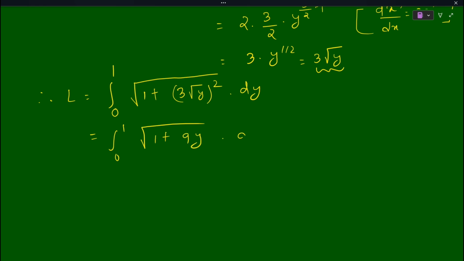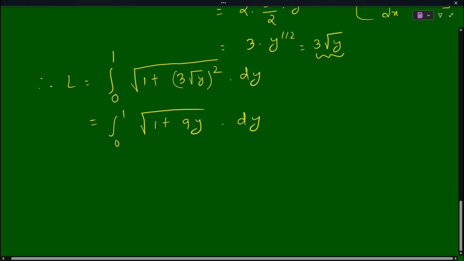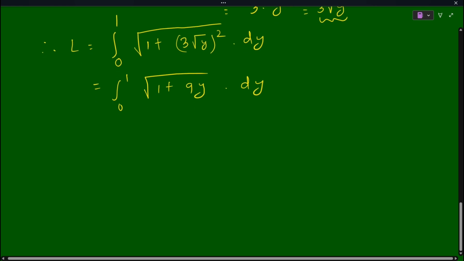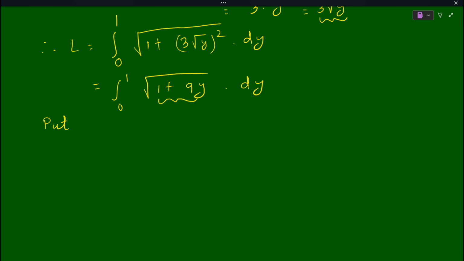Now we will use the method of substitution. Okay, so how to substitute? Now let us take the inside part of this square root as t. Now differentiating both sides with respect to y.